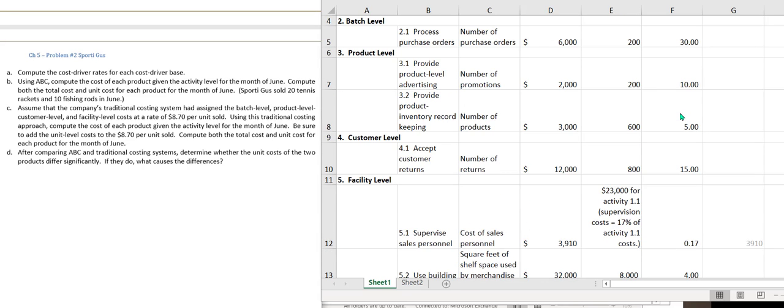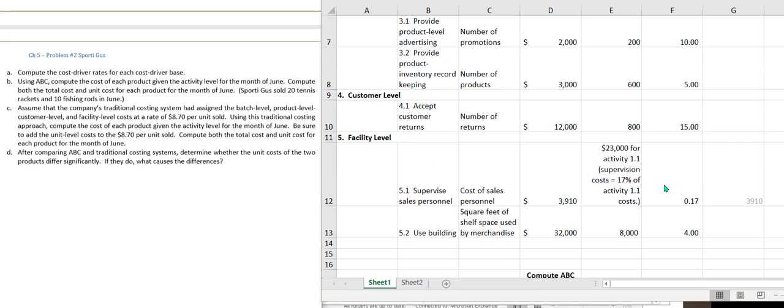For promotions, $10 per promotion. Number of products, $5 per product. Number of returns, $15 per return. And our cost for supervising sales personnel is 17 cents per dollar of sales.